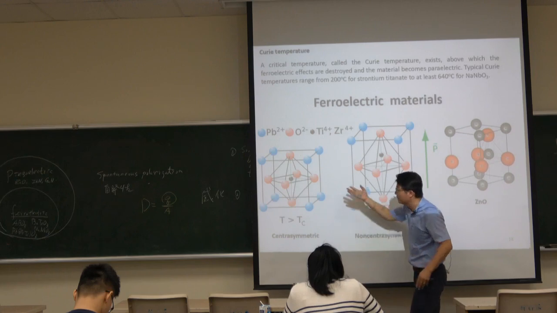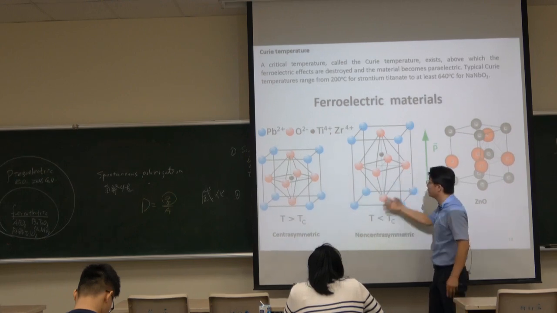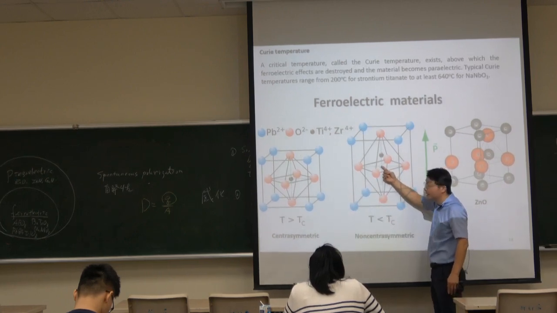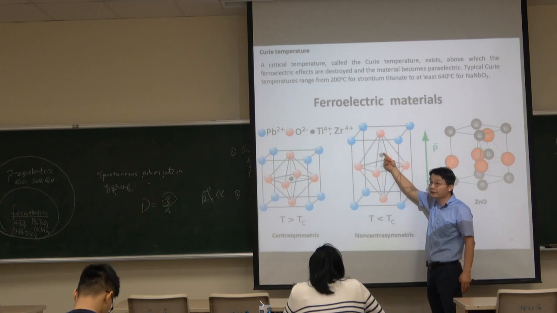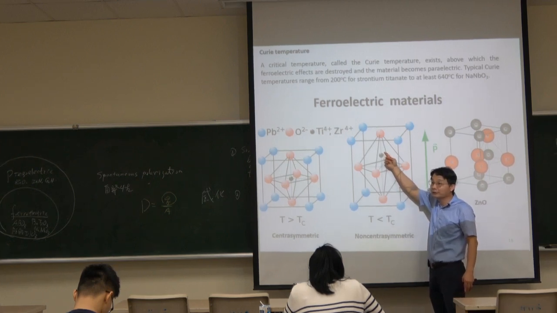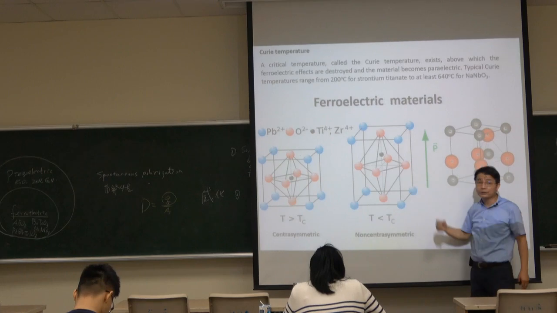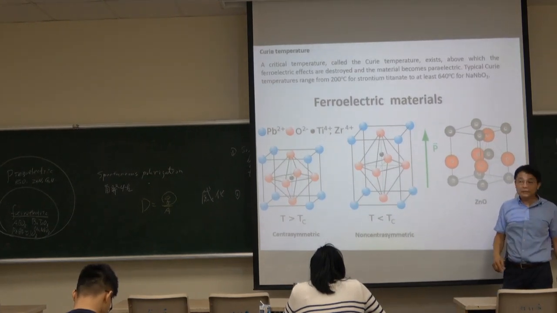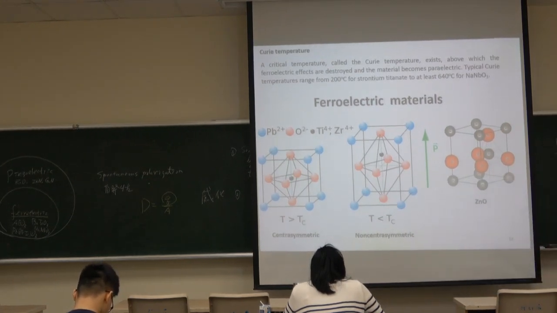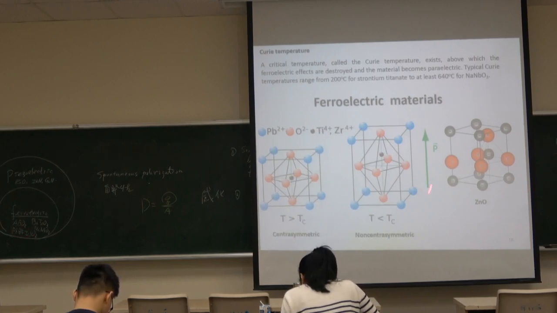And once the temperature is below the Curie temperature, the titanium and zirconium shift away from the center position, creating a polarization. Is that okay? So BaTiO3 and PbZrTiO3 all have the same situation.